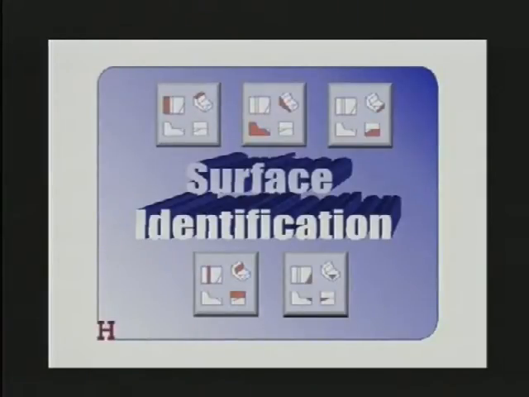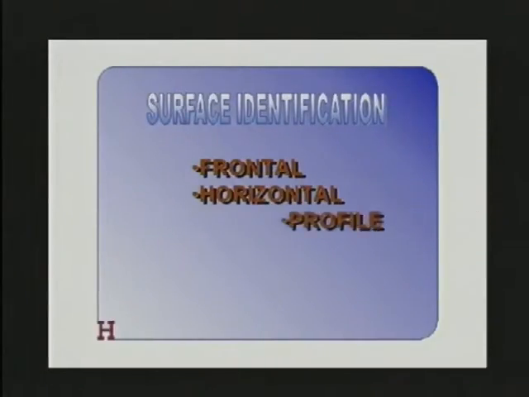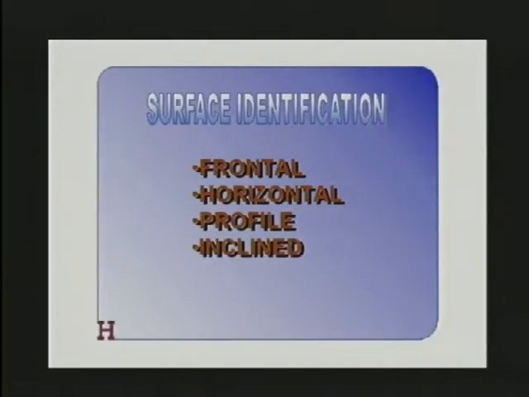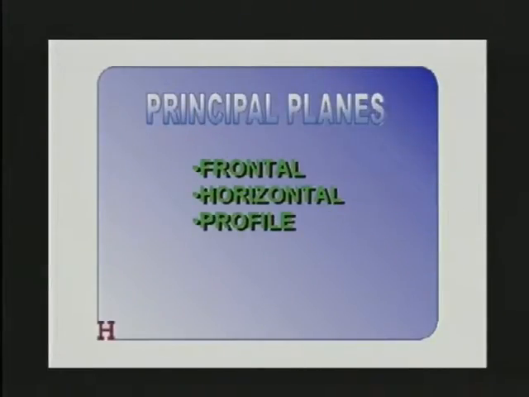Let's take a look at a model here. There are 5 different types of surfaces. They are frontal, horizontal, profile, inclined, and oblique. 3 of these surfaces, the frontal, horizontal, and profile, are considered principal planes.